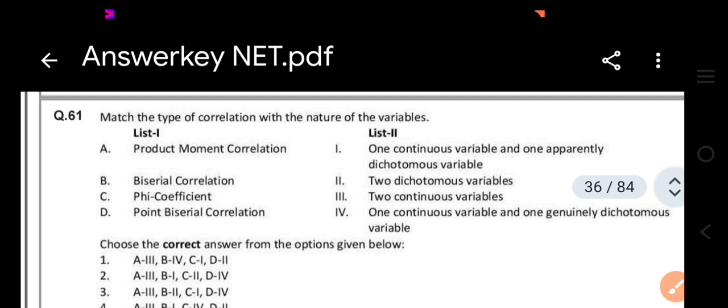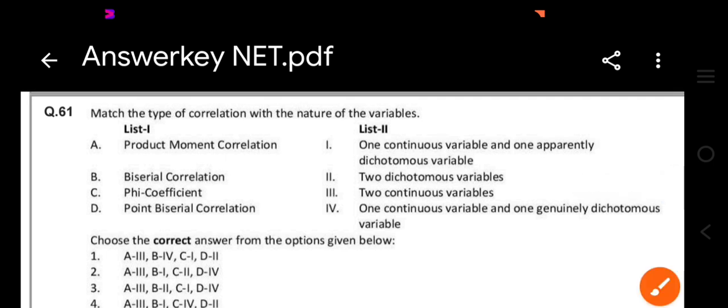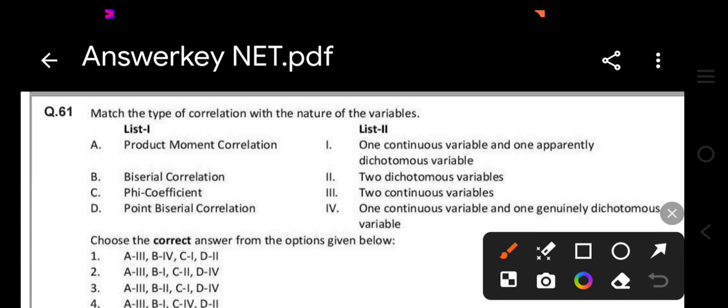Now there is a match the following question, so you can easily identify it. Two continuous variables relate to the product moment correlation. Next, biserial correlation is related to one continuous variable and one artificially dichotomous variable.